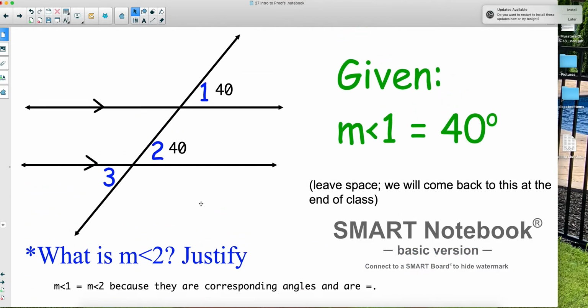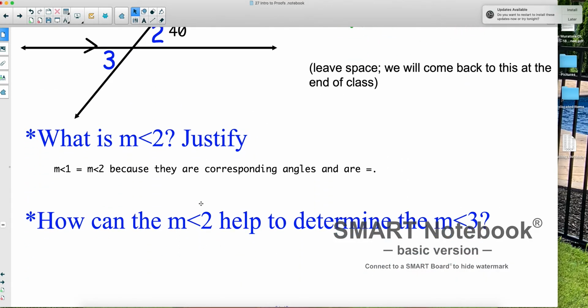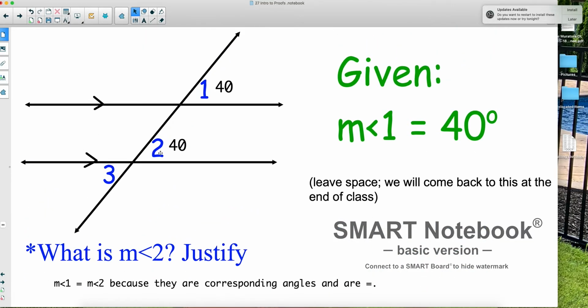Okay, so now it says, how can the measure of angle 2 help determine the measure of angle 3? Well, if we know the measure of angle 2, we then certainly know the measure of angle 3, because angle 2 and angle 3 are vertical angles, and they're also equal.